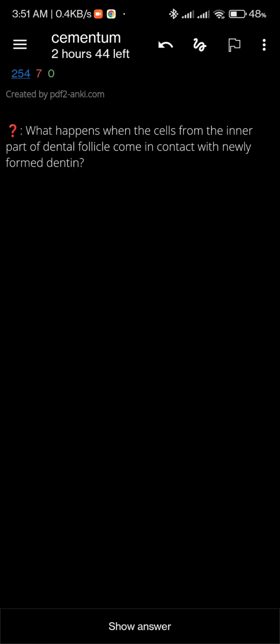What happens when cells from the inner part of the dental follicle come in contact with the newly formed dentin?